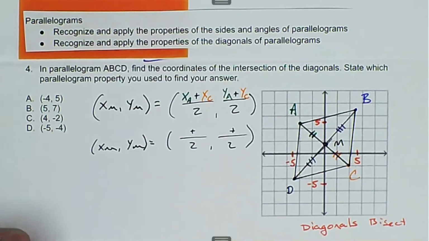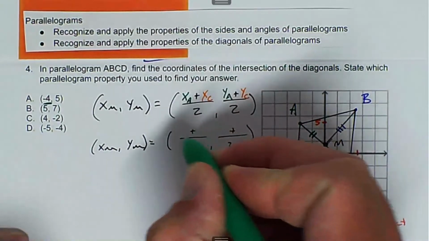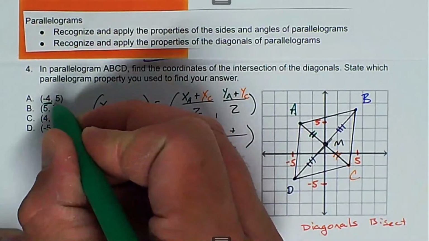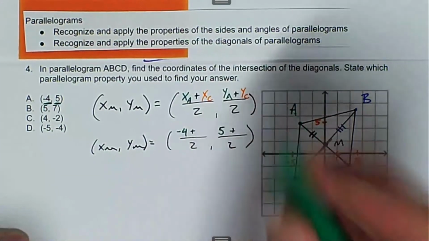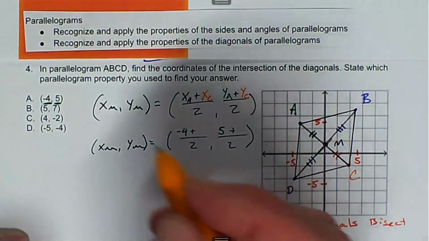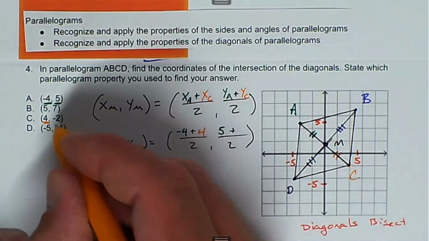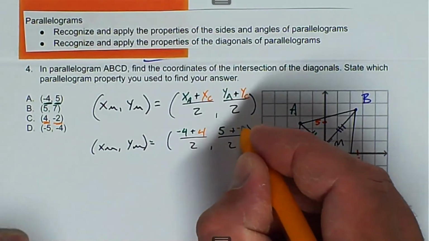Now we just have to substitute in our values. So for our A value, we have -4 for the x and 5 for the y. And then for our C value, we have 4 for the x, and we have -2 for the y.